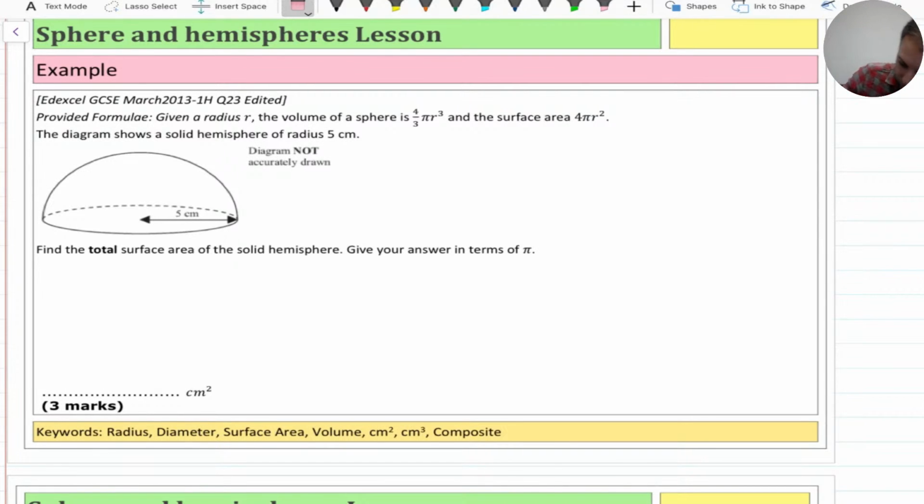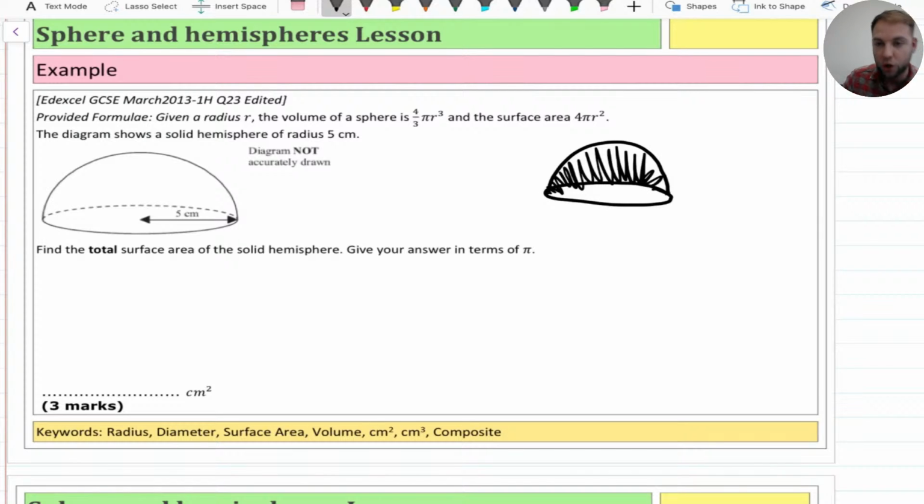So if I was to cut a ball in half, you'd have this part here, but the bit that's missing would be the circle on the bottom. If we cut it in half, you'd have the curved area, which is what we're going to find out, but then you also have the circle on the bottom.